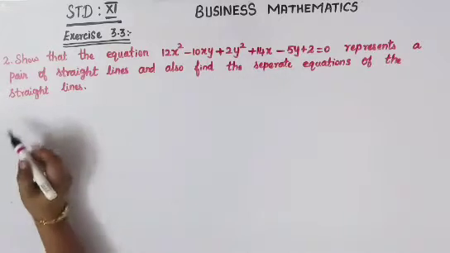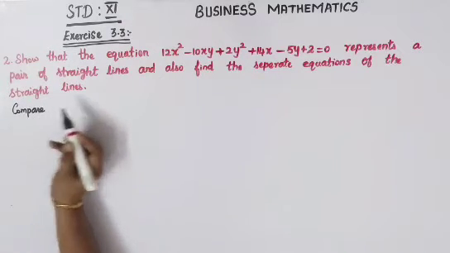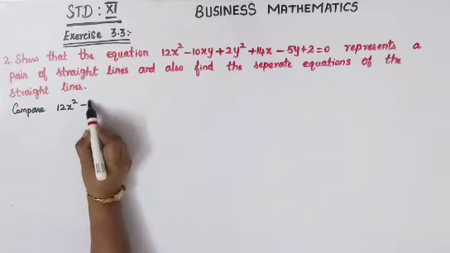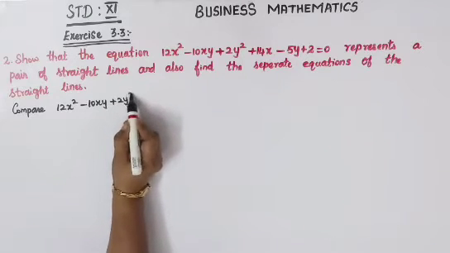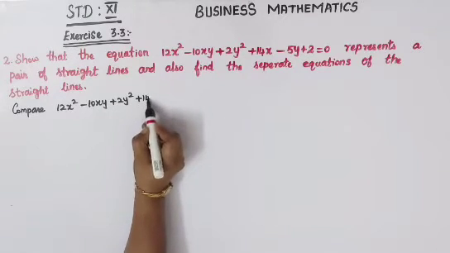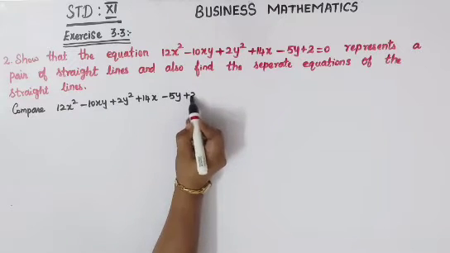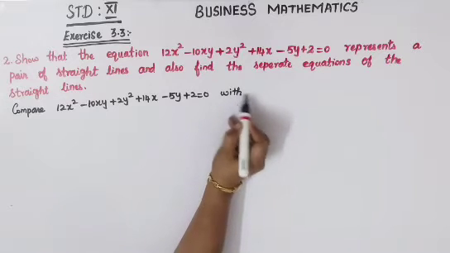Okay, so first compare the given equation, that is 12x² − 10xy + 2y² + 14x − 5y + 2 = 0, with the general equation of a pair of straight lines.